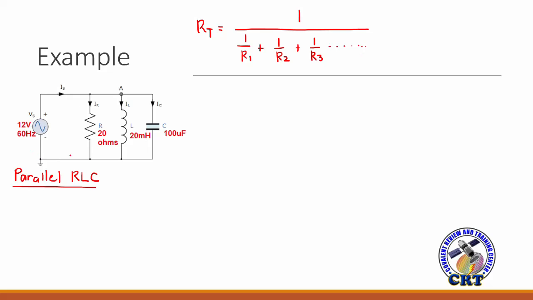Let us go back to this given problem. Let us solve the XL first. This is 2 pi times the frequency 60 times the inductance of 20 millihenry.